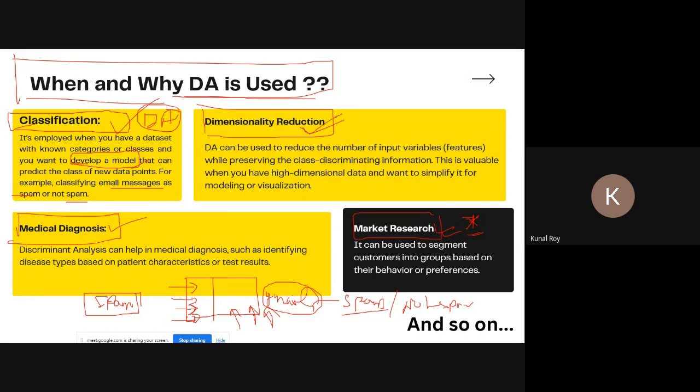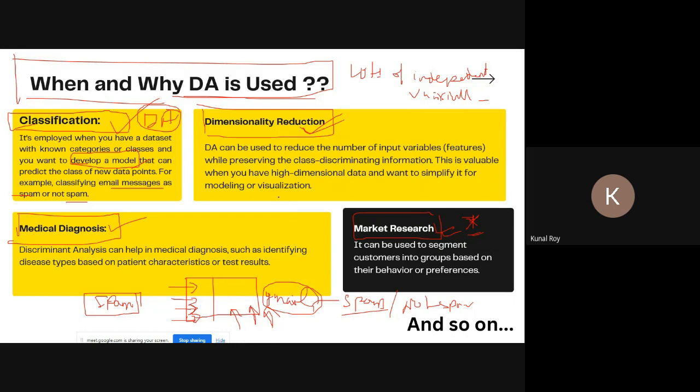Next, dimensionality reduction. Now, what do you mean by dimensionality reduction? Here, if we have lots of independent variables, how can we handle those independent variables? That comes under the category of dimensionality reduction.